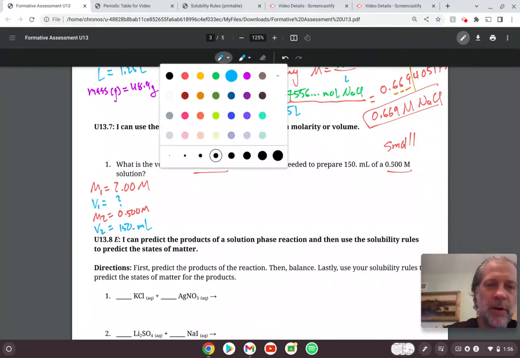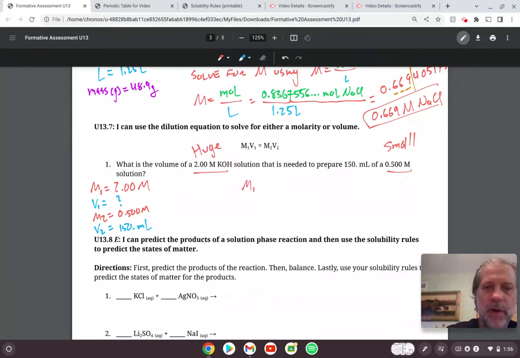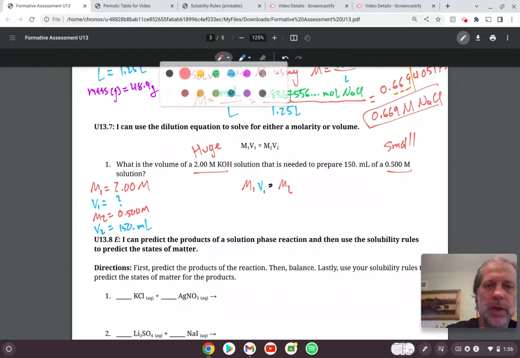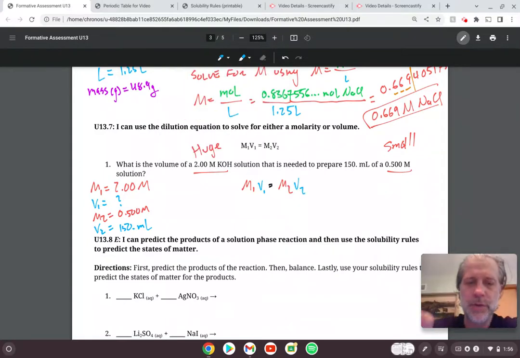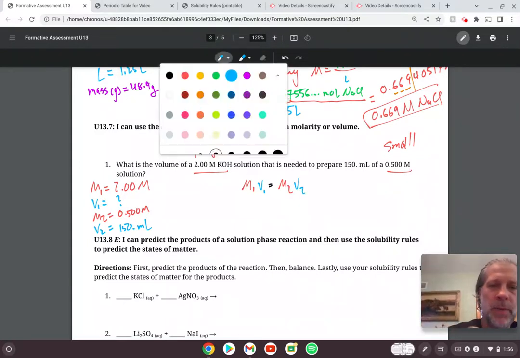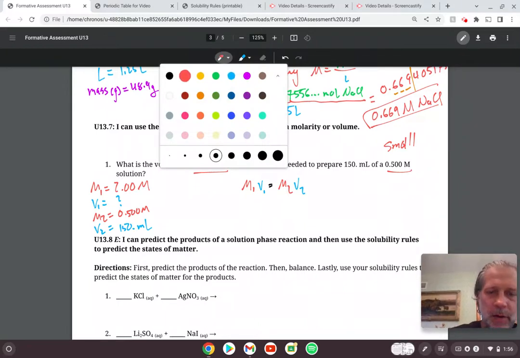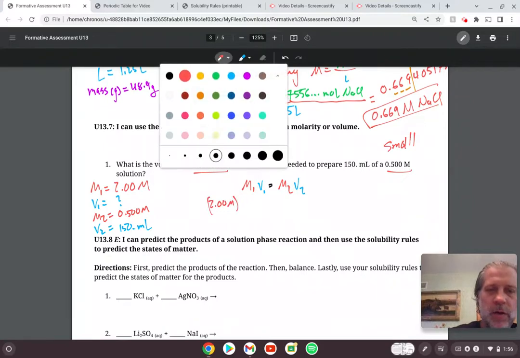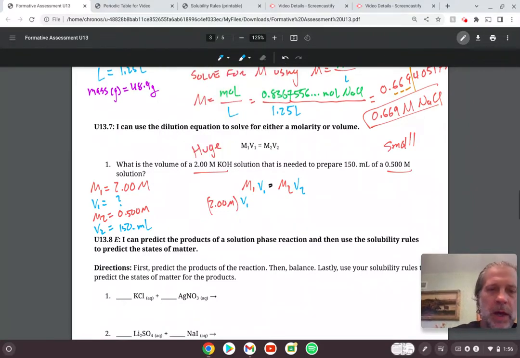So my formula is already up above, but it's M1V1 equals M2V2. So I'm just going to substitute in the things that I know. So in this particular problem, I know that M1 is 2.00 molar, and V1 is what I'm solving for.